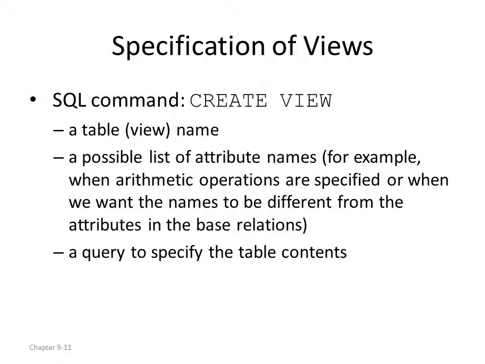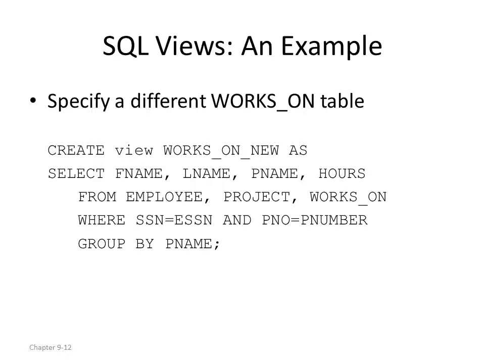This is the syntax or command of the view. The view itself is one command, just as we have CREATE TABLE, so we have CREATE VIEW. If we use CREATE TABLE, we create a data table or relation which is stored permanently. If we use CREATE VIEW, it creates a logical table, and we define the attribute list. Here is an example of a view on works on.